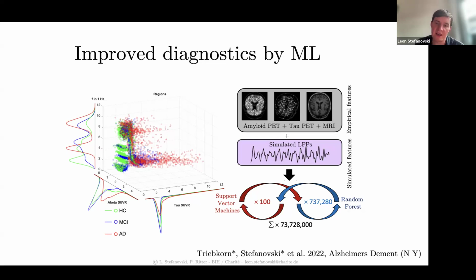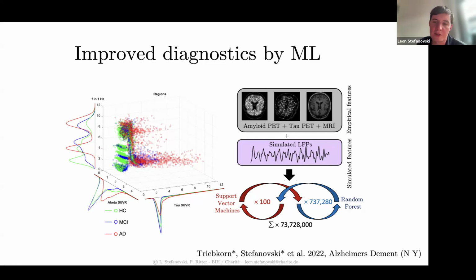And what we compared is first just the empirical data. In that case, we had amyloid PET available, which was actually the input of the simulations. Then we also used tau PET, which was also available for this data set, and the volumetric information from the MRI. So already a multimodal machine learning approach.